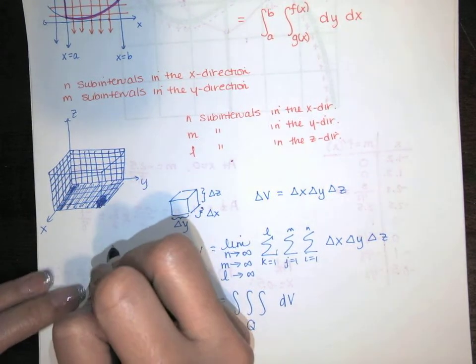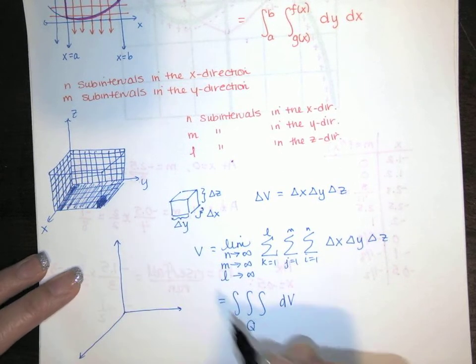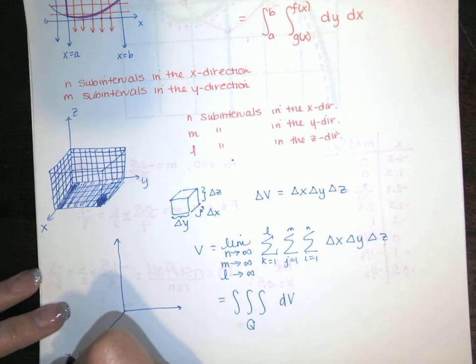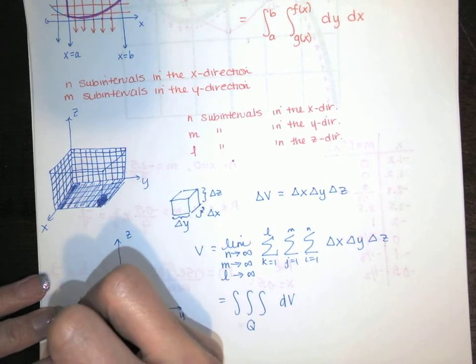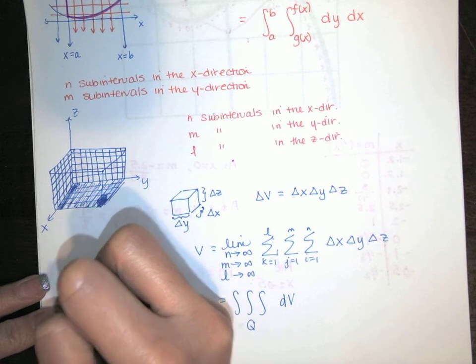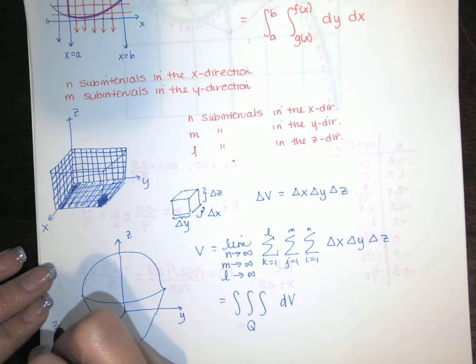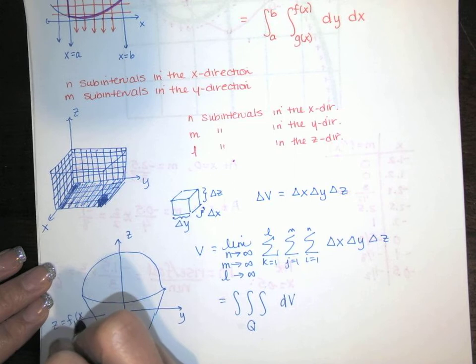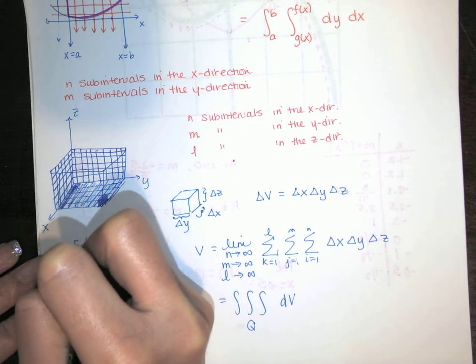If we want to find the volume of a solid region Q, I'm still thinking in terms of volume between two surfaces, as we studied earlier. So maybe Q looks like this. Maybe this bottom function is z equals f sub 1 of x,y, and this top function is z equals f sub 2 of x,y.